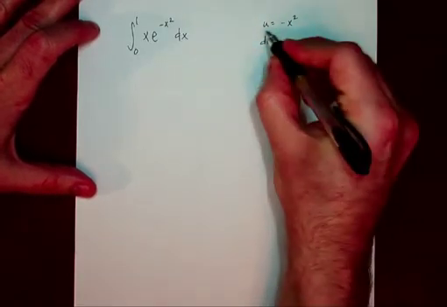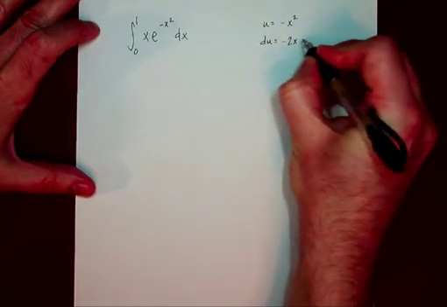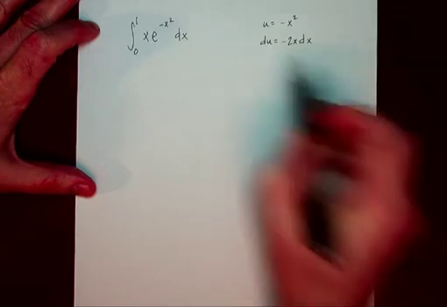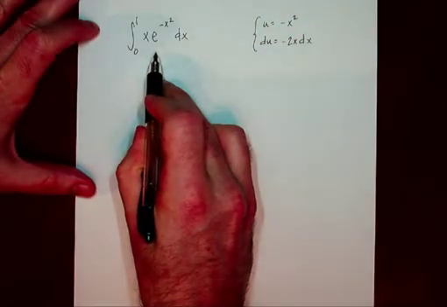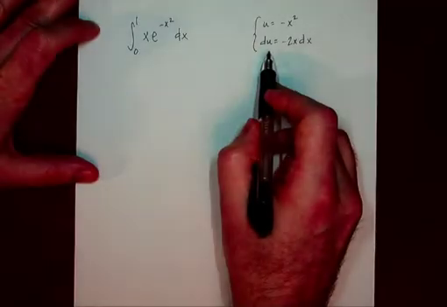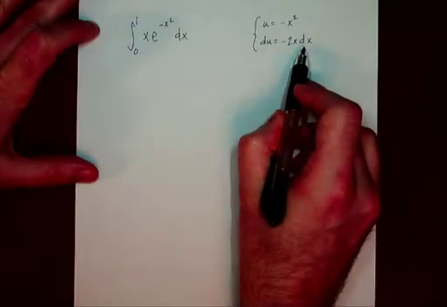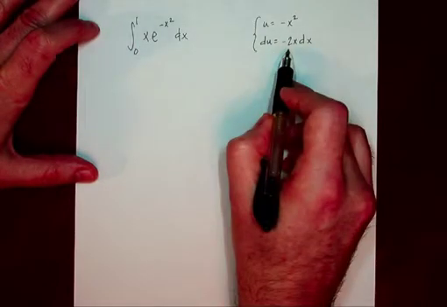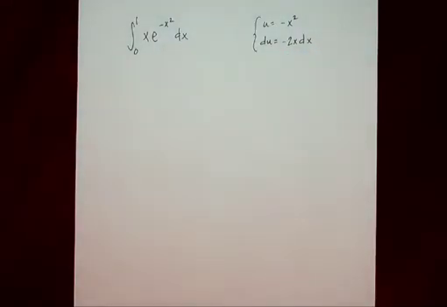So as I differentiate negative x squared, that becomes negative 2x dx. I look at my du, and I recognize from my integrand that I have all of the necessary pieces for my du. I have an x, it's right there. I have a dx, it's right there. I can provide a negative 2, as long as I also multiply by negative 1/2.